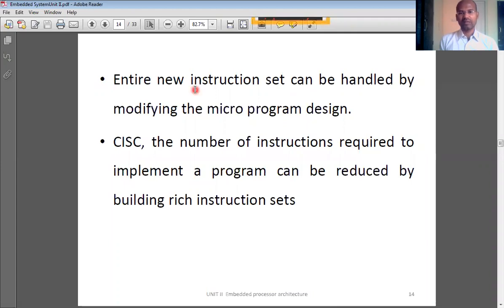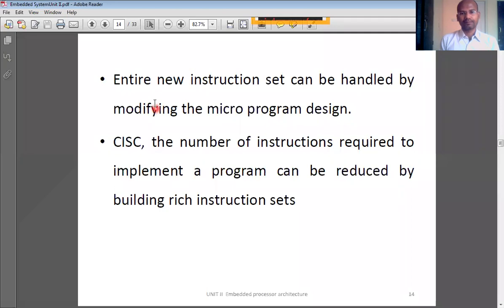Because we are using memory to implement the microprograms, depending on the requirement, we can change such micro instructions, because they are stored in memory, ones and zeros. If you want, you can alter it. Whereas if it is hardwired, you cannot alter it. Once you build the combination circuit in IC, you cannot change it at all.